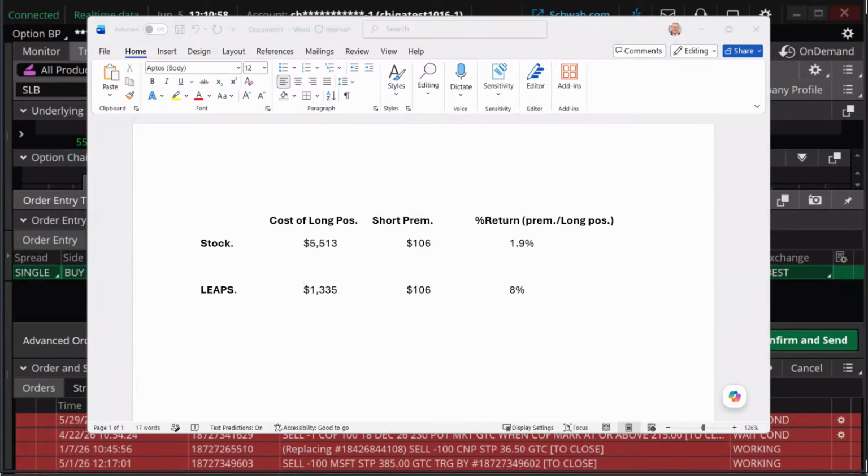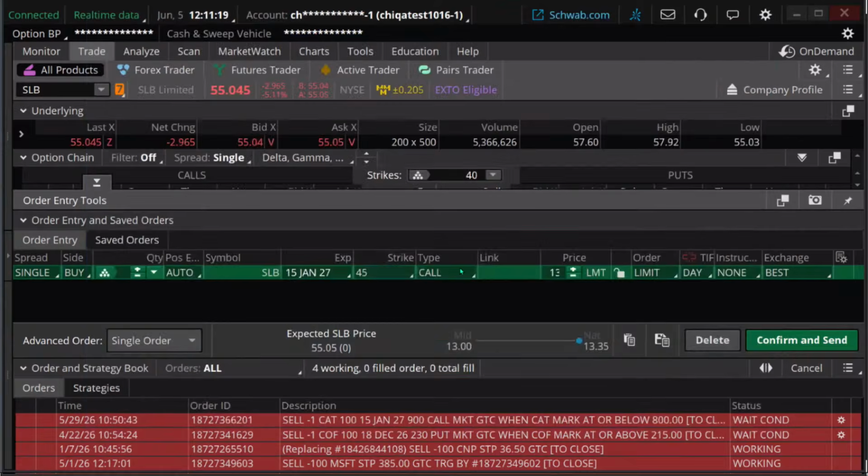What about thinking about another Greek, delta? The delta of 100 shares of stock is 100, okay? 100 delta. Well, let's look at the deltas of our short contract here.